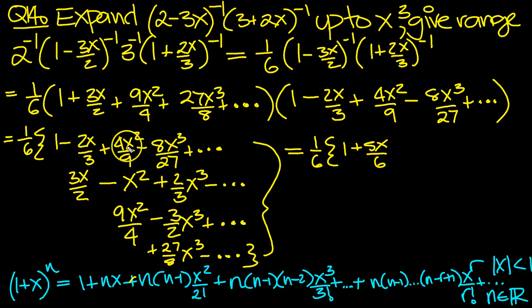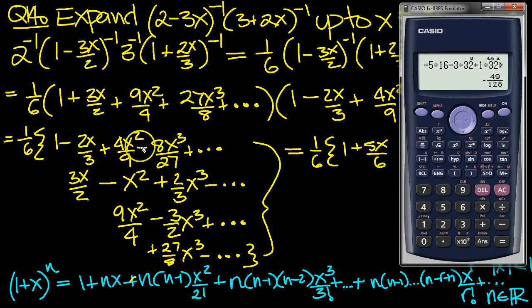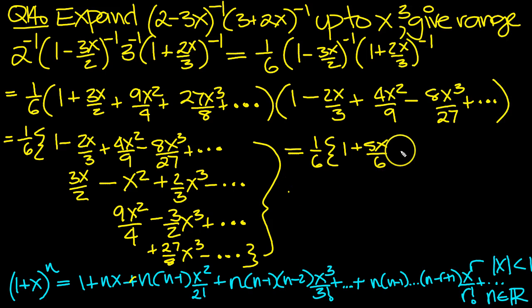So we've got to use 36ths. I'm going to use a calculator here so I don't have to keep it all in my head. So it's 4/9 minus 1 plus 9 over 4, which equals 61 over 36. So we've got plus 61 over 36 x squared.